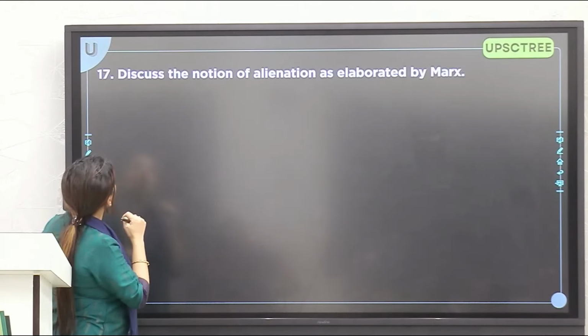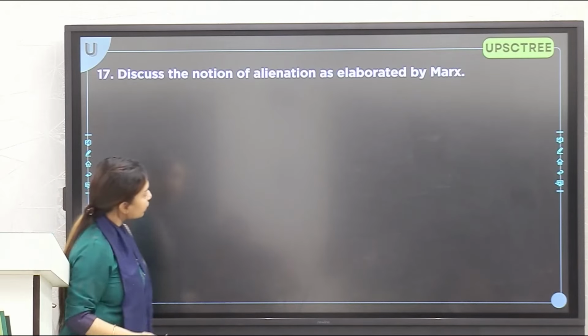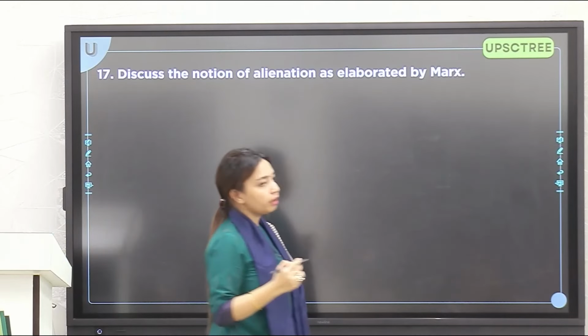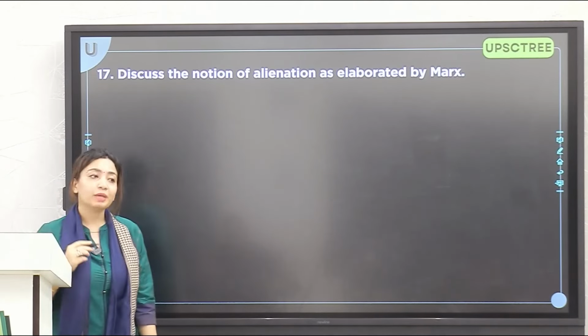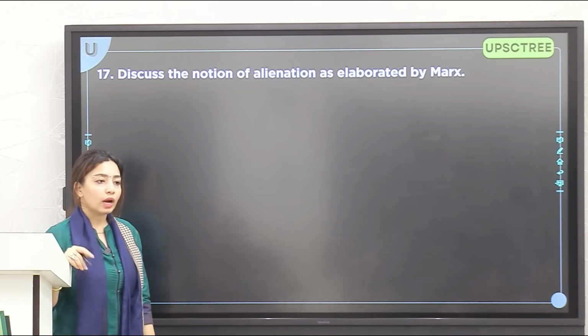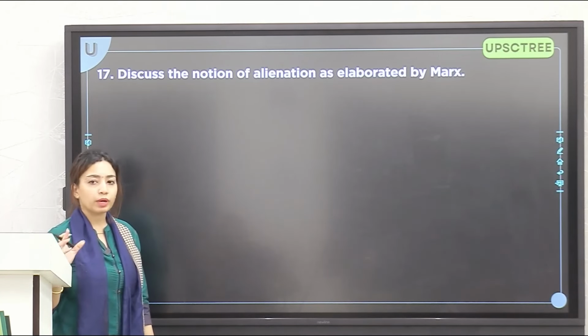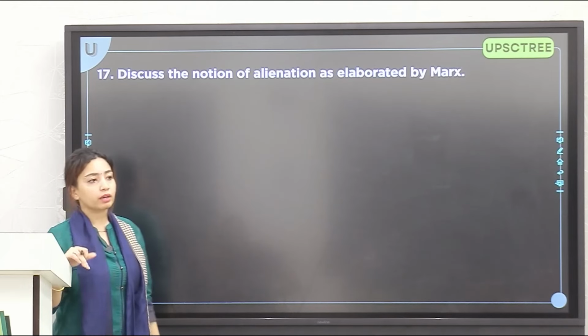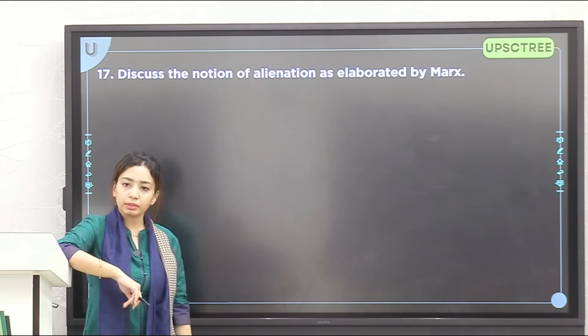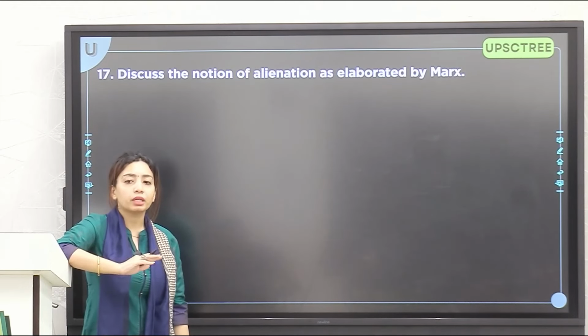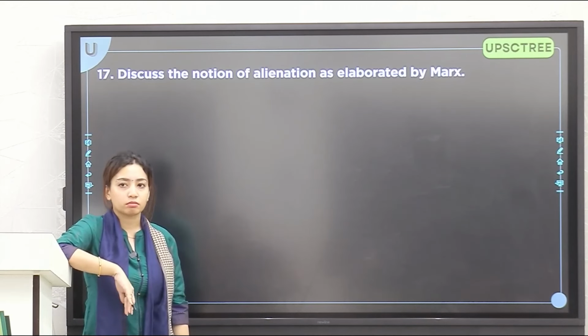The next one, discuss the notion of alienation as elaborated by Marx. 20 marks. Do you understand the importance of examples now? 20 marks alienation, what can you write? Just the theory will not be sufficient. All your competitors will be writing the same things.